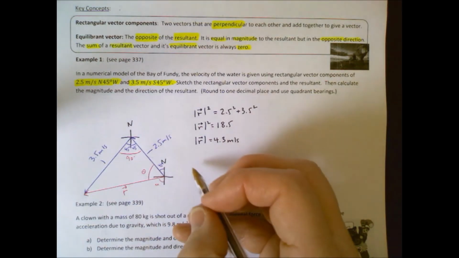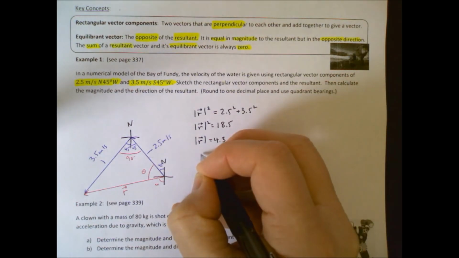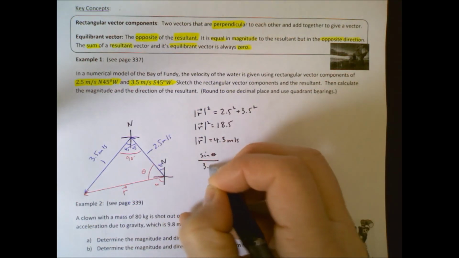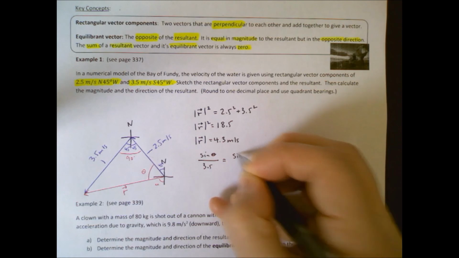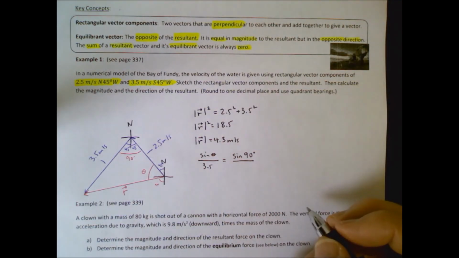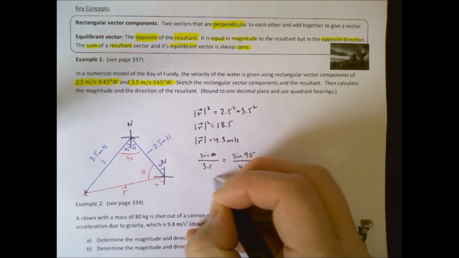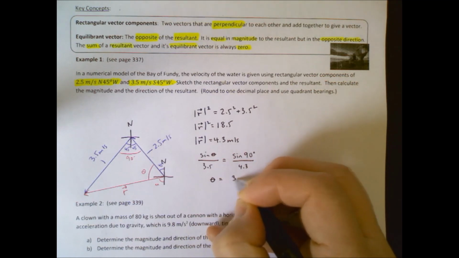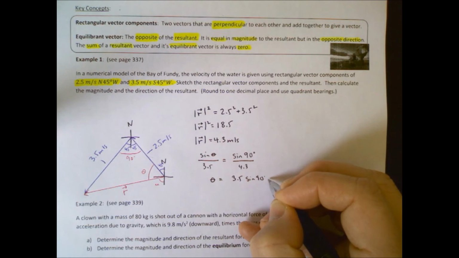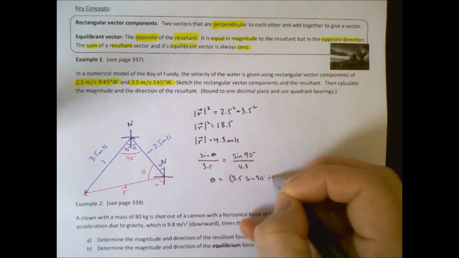So I'm going to use sine law here. So sine of theta over 3.5 is equal to sine of 90 over my resultant 4.3. I could use SOHCAHTOA here. This is a bit ridiculous, but that's okay. I'm a little embarrassed right now. So theta is equal to sine inverse of 3.5 sine of 90, which of course is just 1, divided by 4.3.